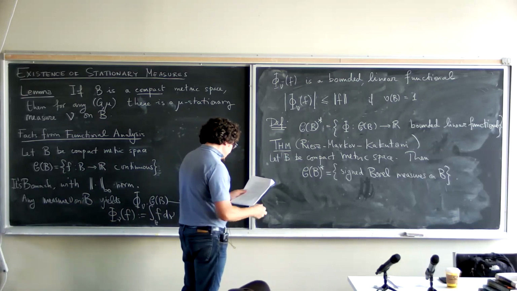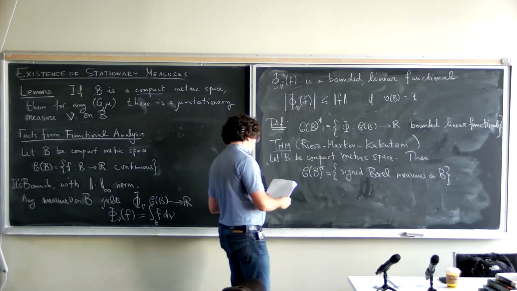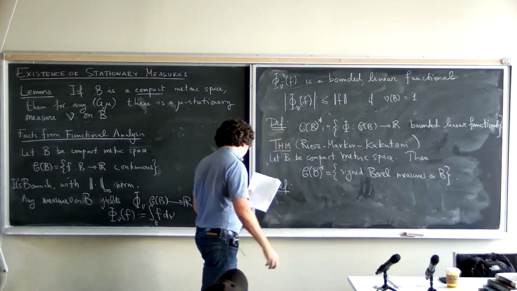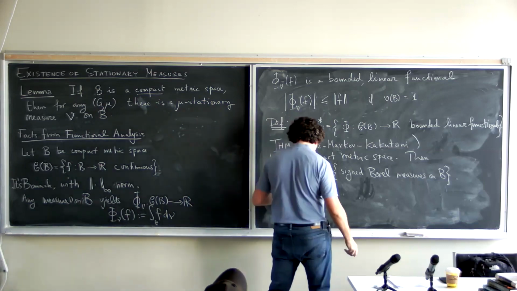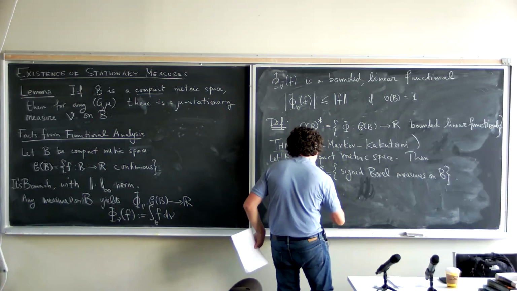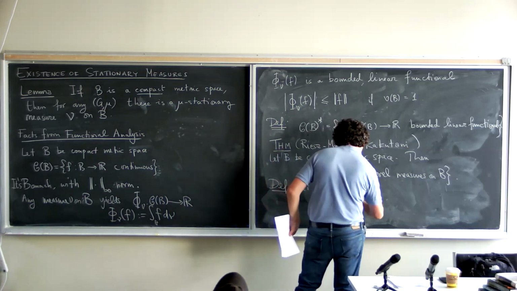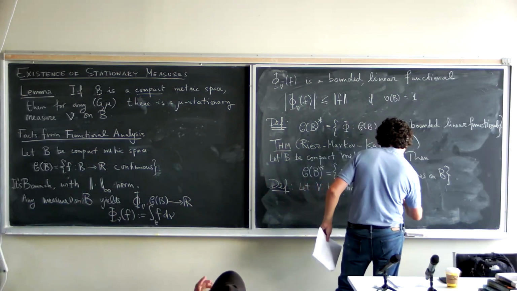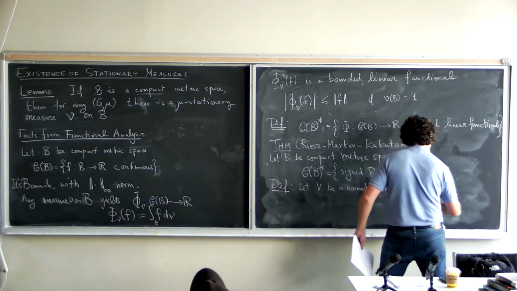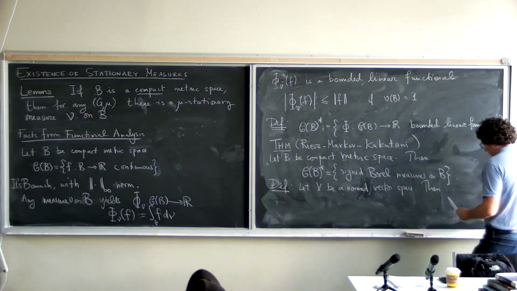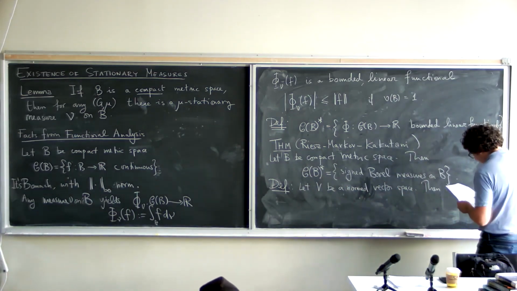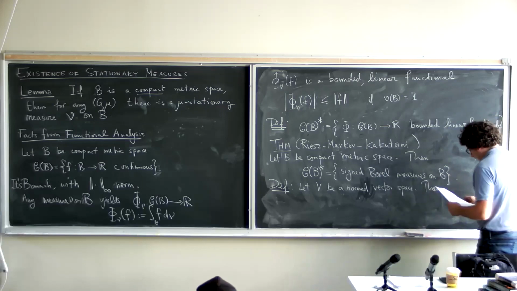Very good. And then we can also define the weak-star convergence. Let V be a normed vector space. Then on the dual space, we can have a weak-star convergence.